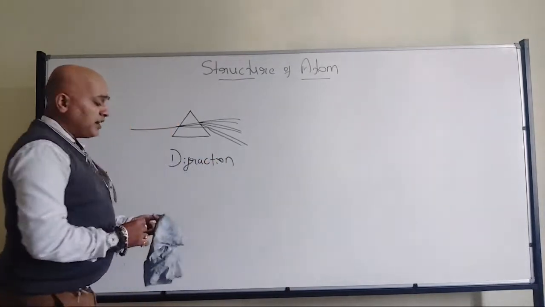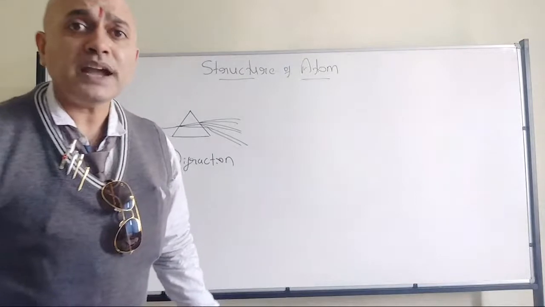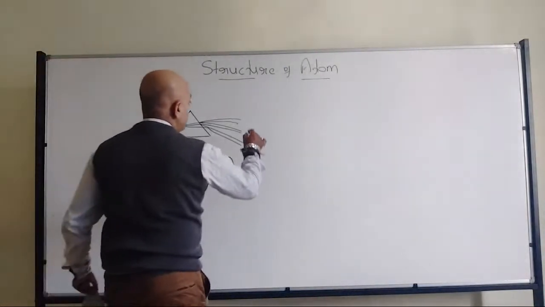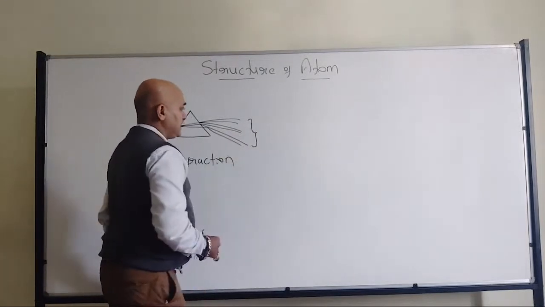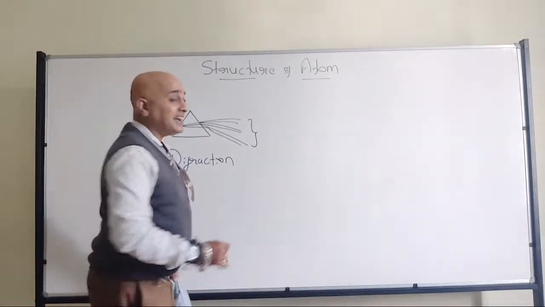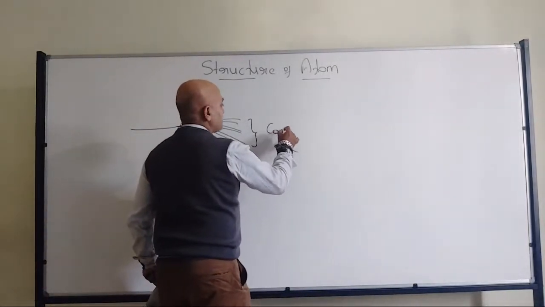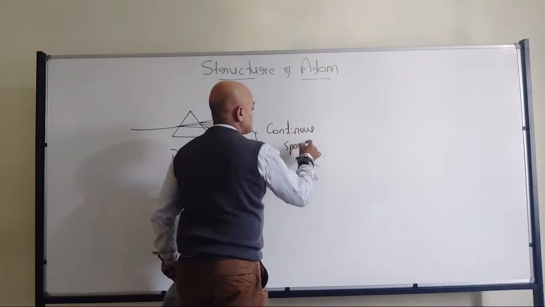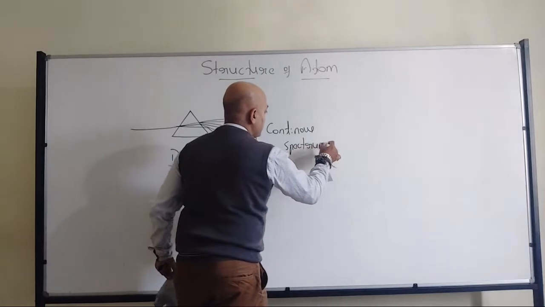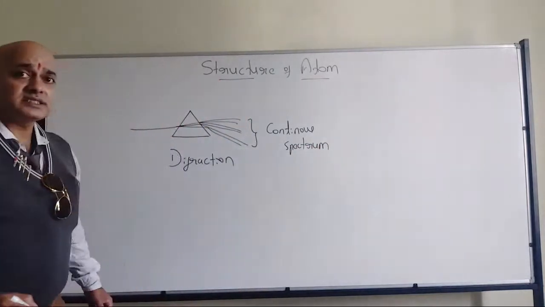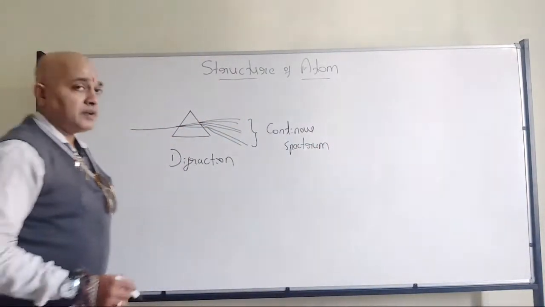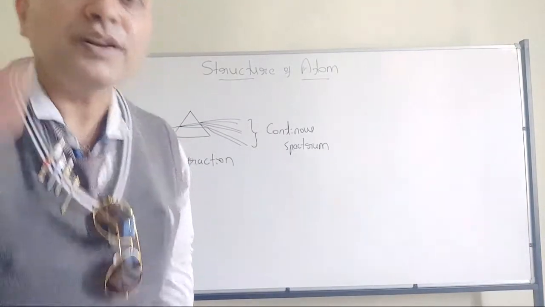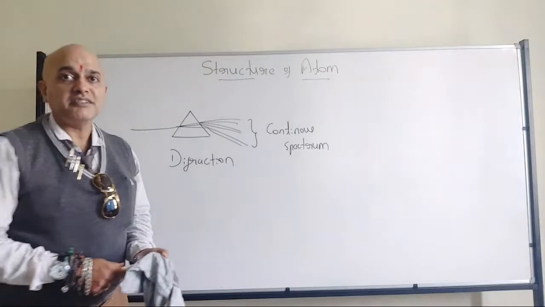Okay. Now, whatever spectrum we are going to get from the dispersion of light is called a continuous spectrum. Why do we call it a continuous spectrum? Okay, band.